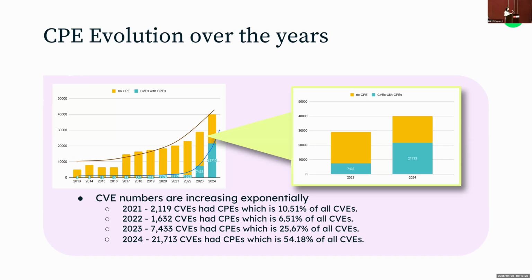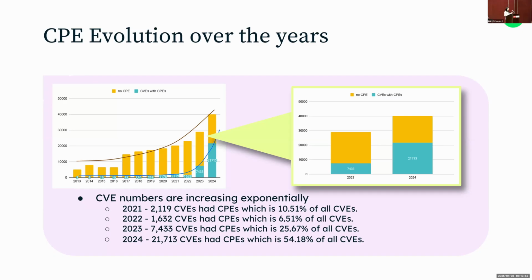Now, there is an assumption that this orange segment is enriched by NVD themselves, suggesting the substantial effort by NVD in manually adding those CPEs for those CVEs. Now, if we look at the teal segment over the years, we also notice a slight increase throughout the years, but significantly, there was a spike in 2023 and 2024.